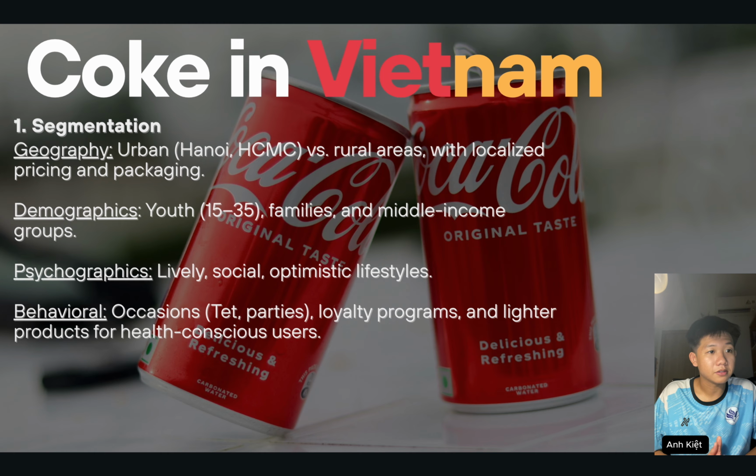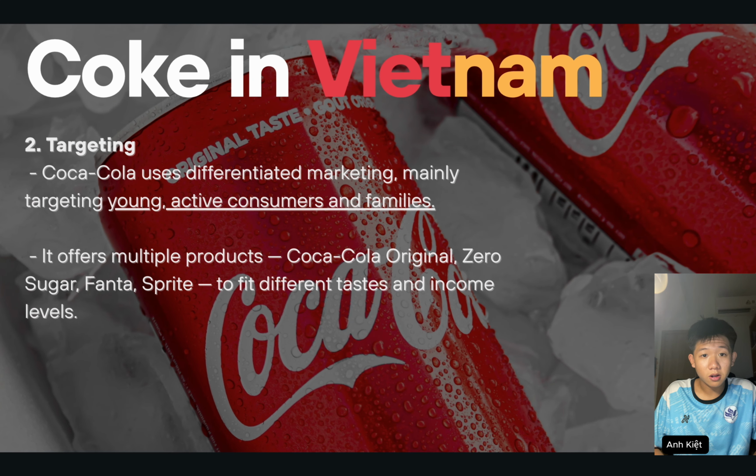And the second is targeting. Coca-Cola uses differentiated marketing, mainly targeting young, active consumers and families. It also offers multiple products, like I said before, to fit different tastes and many income levels.